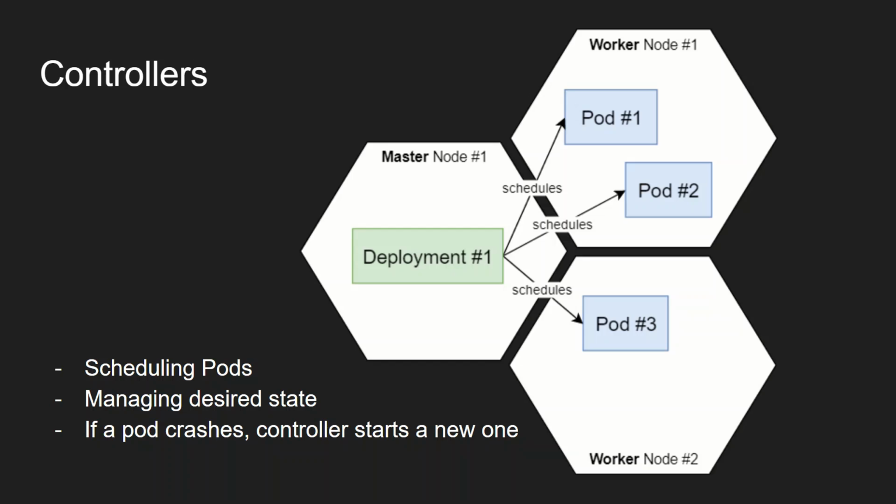There are multiple types of controllers. We are today going to talk mostly about the type Deployment. What does it do? It's scheduling the pods, and it manages the desired state. So if we say that we want 3 pods of this application, it will try to run 3 pods of the application at all times.